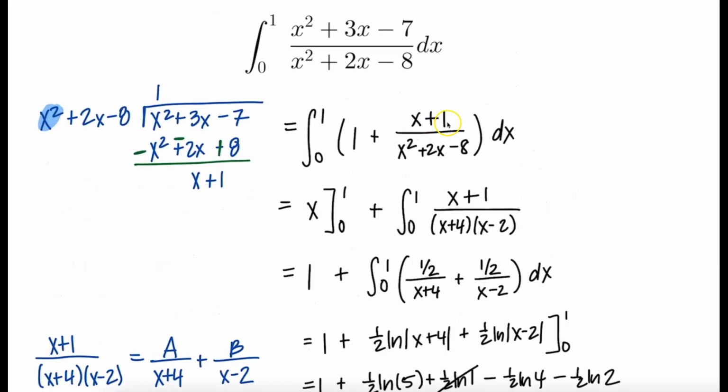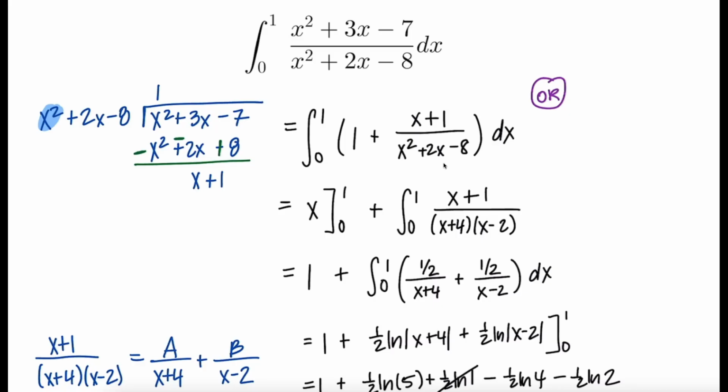Now, before moving on, I just want to point out one thing. After we did long division and we had x plus 1 over x squared plus 2x minus 8, since we're in the mindset of partial fraction decomposition, we went straight for that strategy, and that was perfectly fine. But on this particular example, we actually could have used a u substitution. So I'm going to put "or."